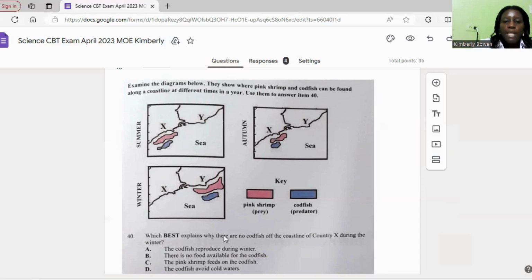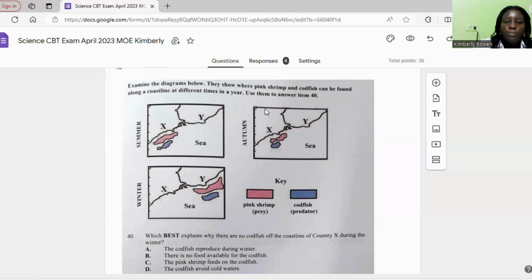Which best explains why there are no codfish off the coastline of Country X during the winter? So the pink shrimp is the prey and the codfish is the predator. In the summer, we have a large patch of pink shrimp, which is the prey, and we have the predator, which is the codfish.